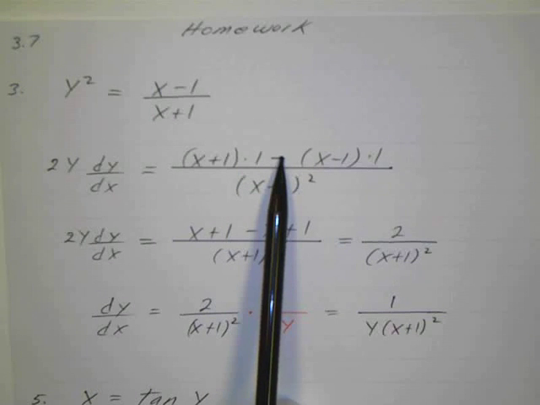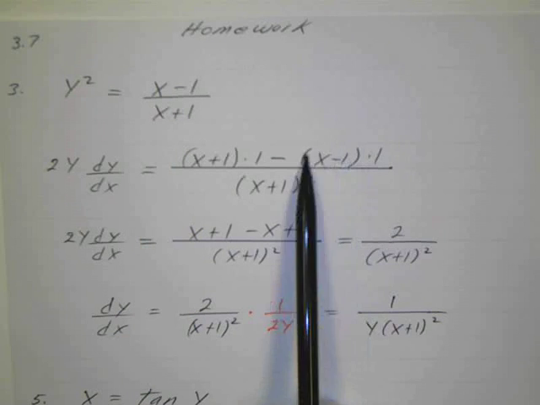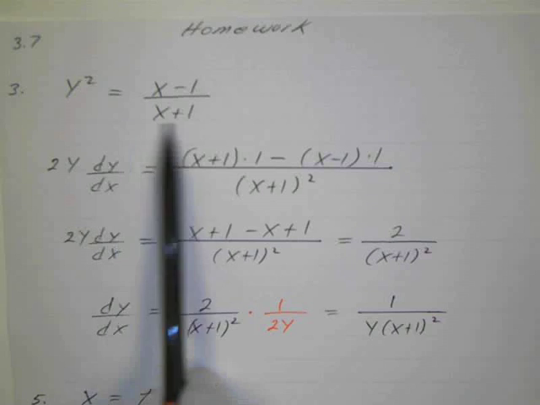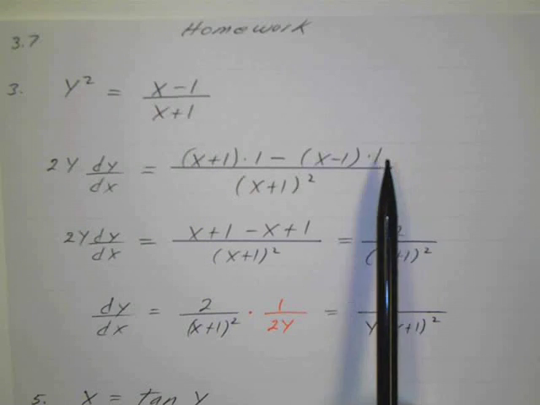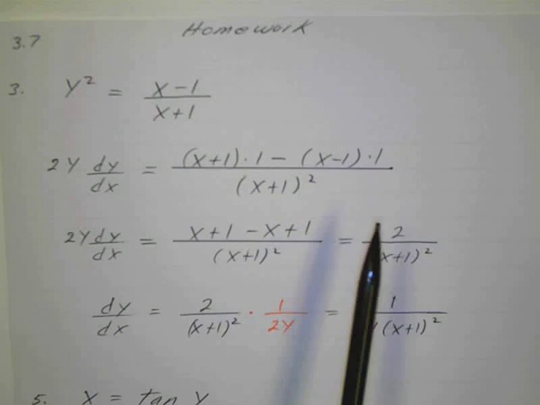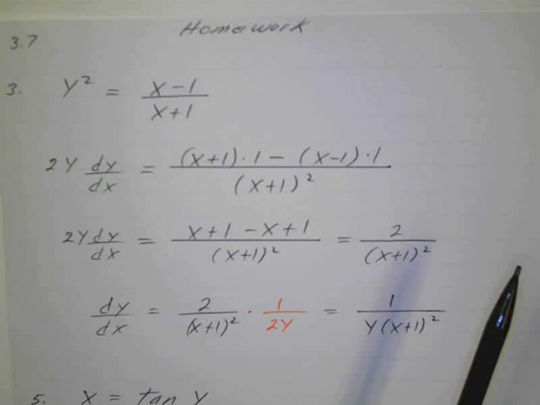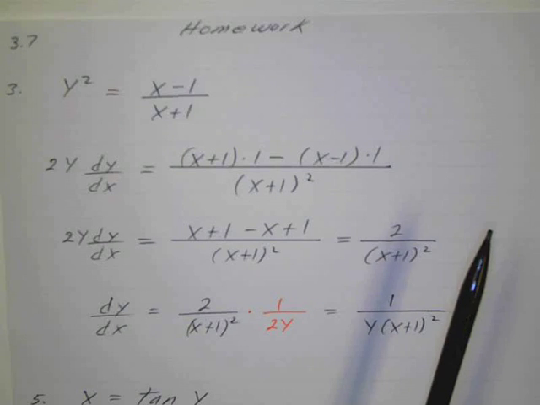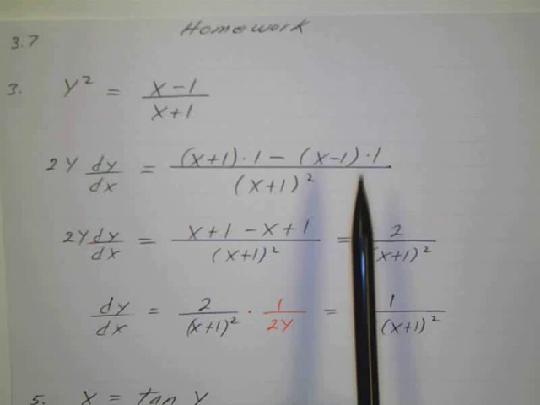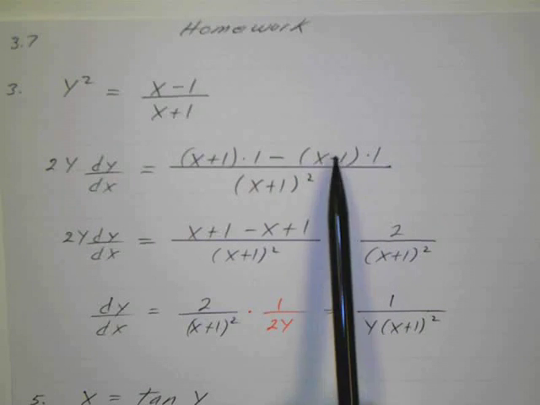Low d high less high d low. High, which is x minus 1, times the derivative of the bottom, which is just going to be 1 dx/dx, so that's just 1. All over the denominator squared. Then I can remove the parentheses, so I've got x plus 1, and then negative x, positive 1.